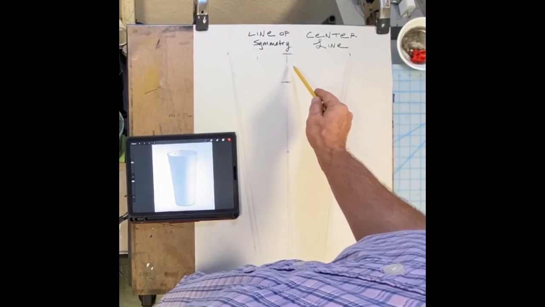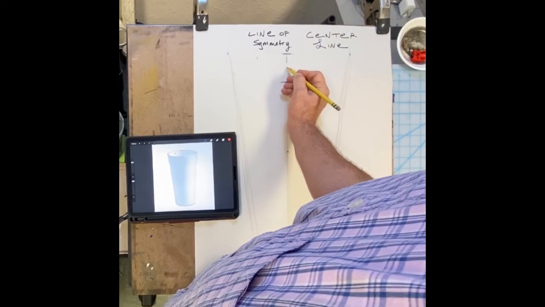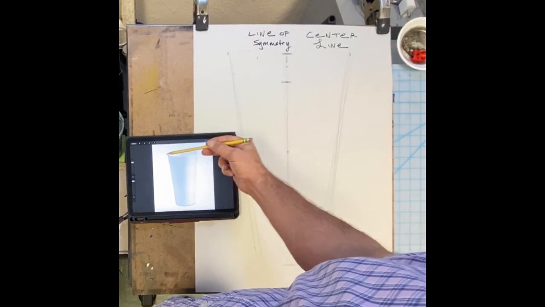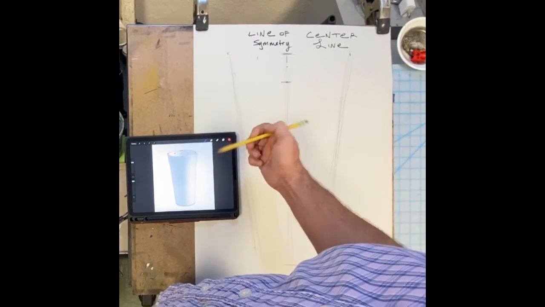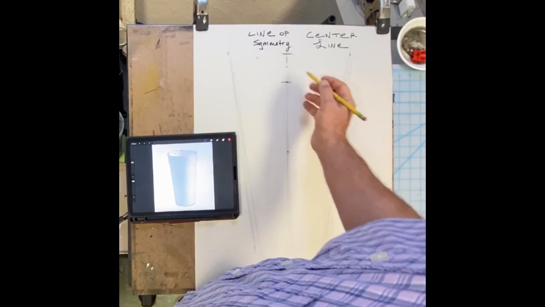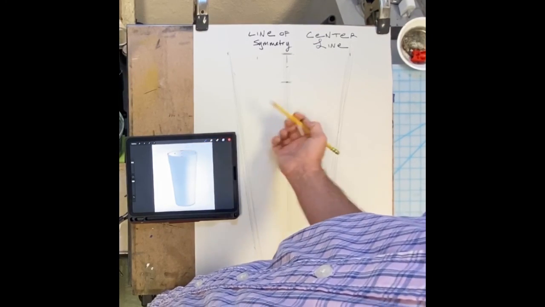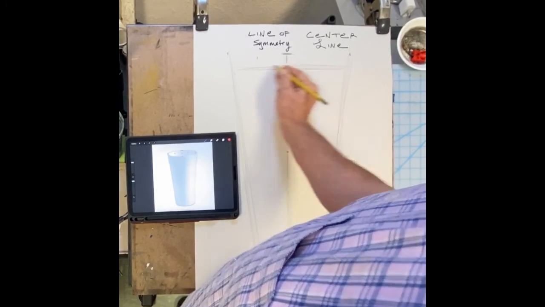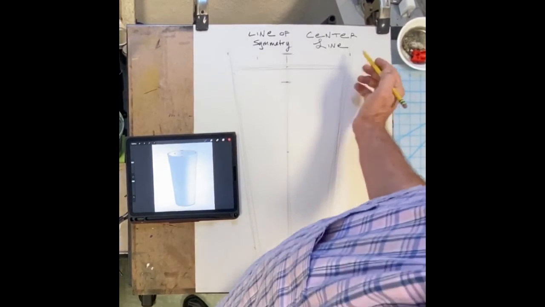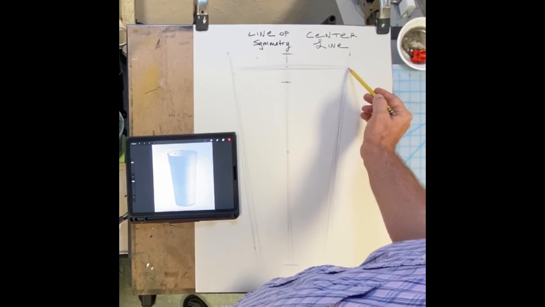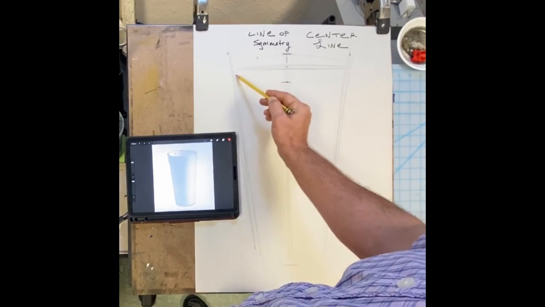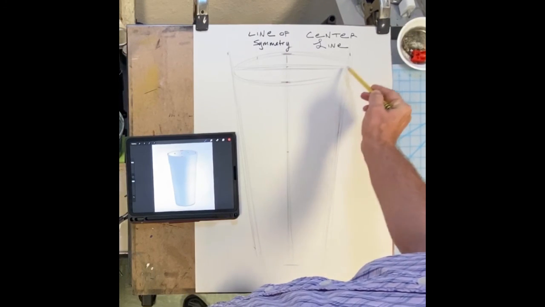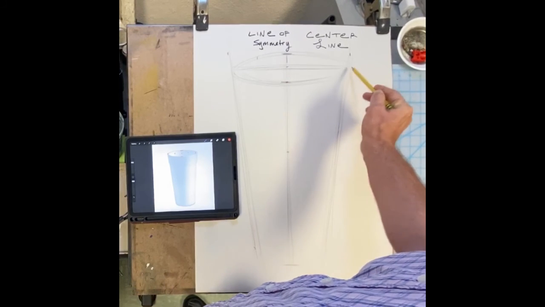Now this is very important. You find the center of the ellipse, because that center line, that horizontal center line, which is perpendicular to our vertical center line, needs to be in the exact center of the height of the ellipse. So we draw a center line there. Now, using our pencil and our arm, we make that ovoid shape that fits within those boundaries.